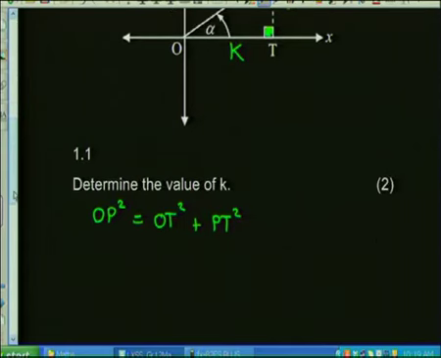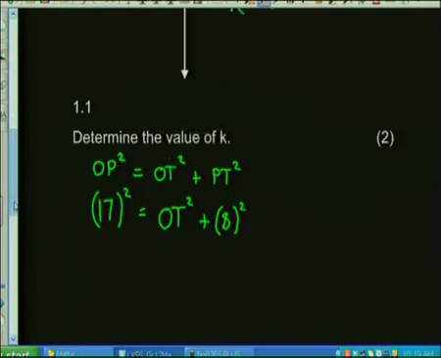We substitute for the values that have been given. OP has been given as 17 units. OT is our value of K, which we want to find. And our value of PT is 8 units, and we square that according to the formula.